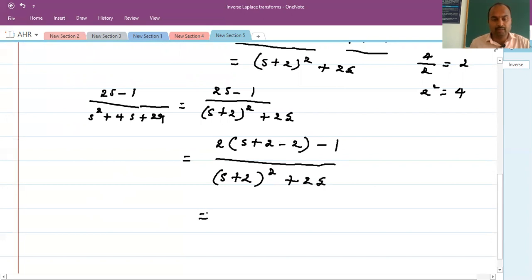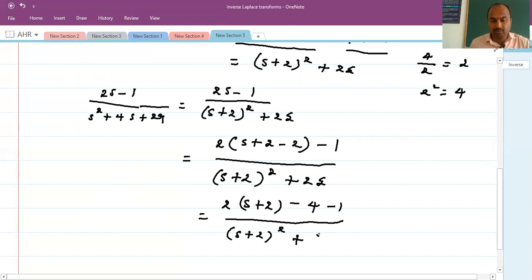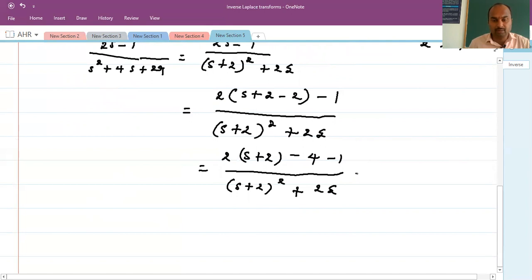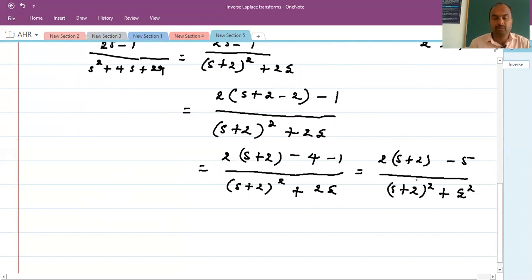So the numerator we can write as 2 into s plus 2. This is one term. 2 into minus 2 will be minus 4, minus 1, divided by s plus 2 whole square plus 25. Or you can write this as 2 into s plus 2 minus 5 divided by s plus 2 whole square plus 25, which can be written as 5 square.